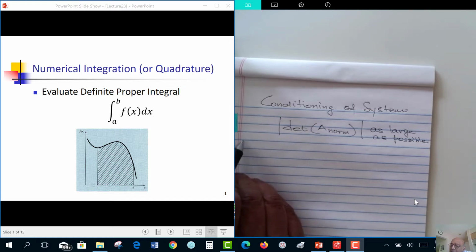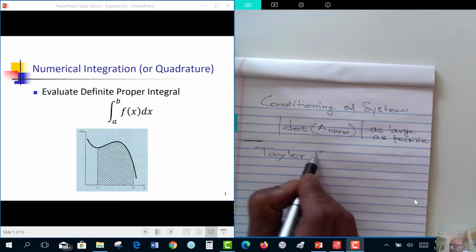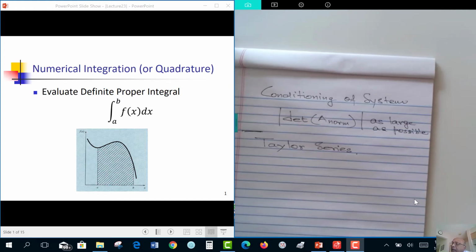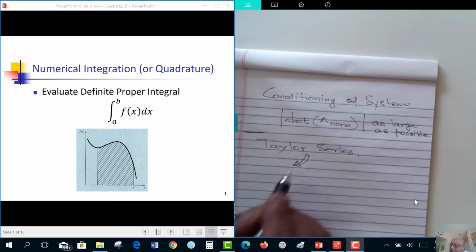Once we learned these two things, next we went on to learn about Taylor series. And here is where I showed you that Taylor series can also be used to derive the Newton-Raphson method.